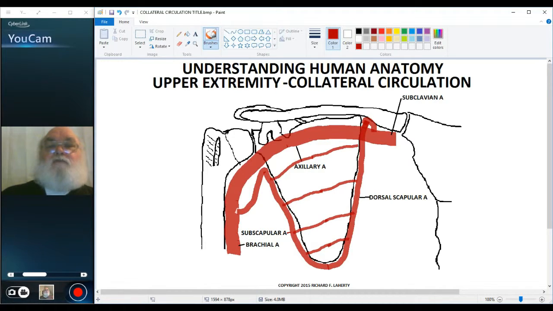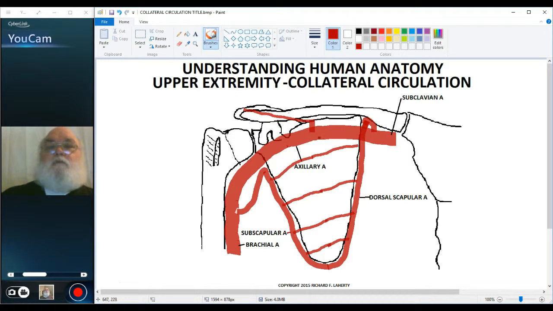Now, from the axillary artery, from the first part of the axillary artery, we have the thoracoacromial artery coming off. And the thoracoacromial has several branches. The one I'm interested in is the one going over here to the acromion.